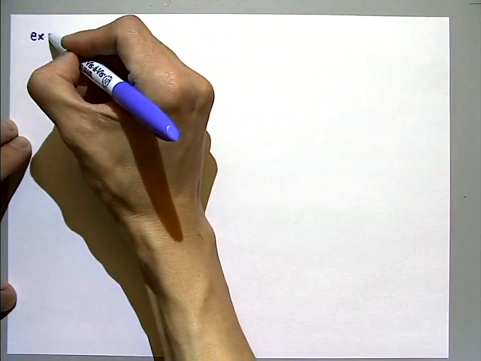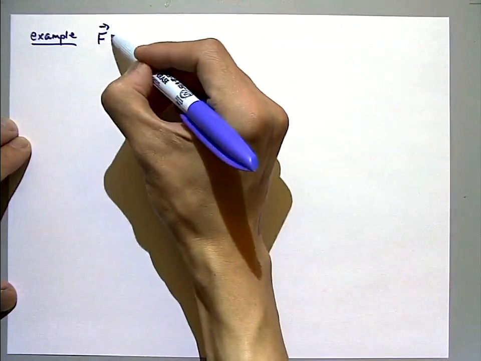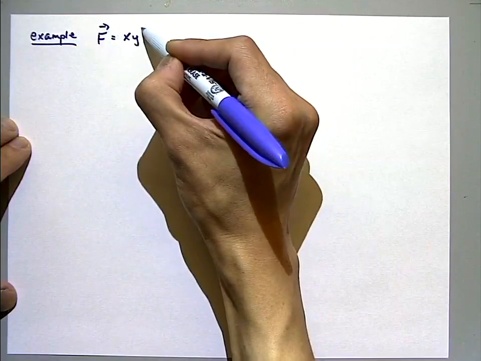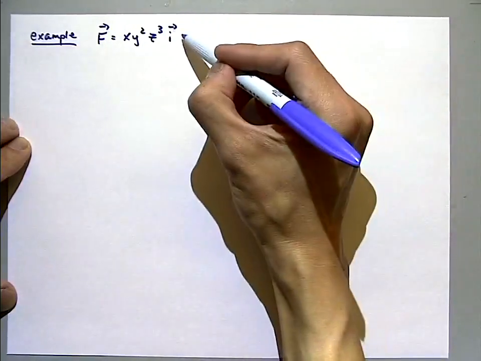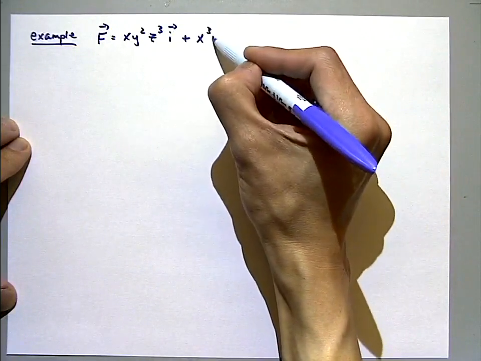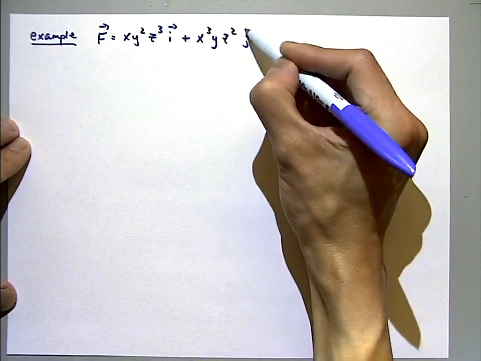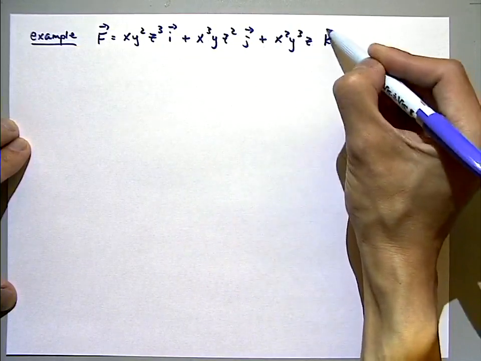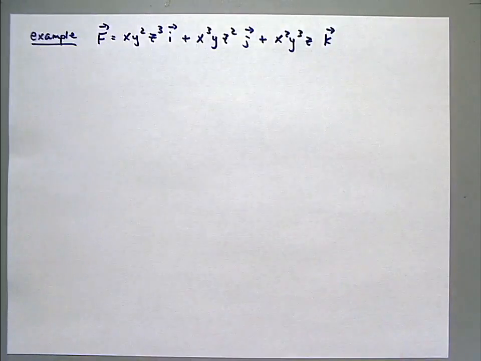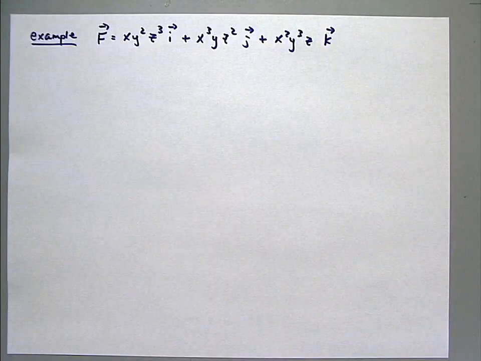Okay, let's try this on something. F equals xy squared z cubed i component plus x cubed y z squared j plus x squared y cubed z k. And let's find the curl and divergence of this thing right here.